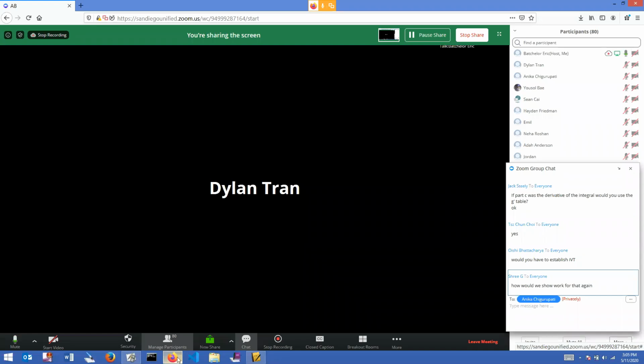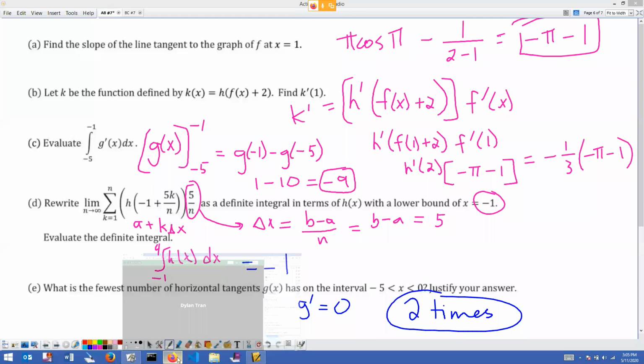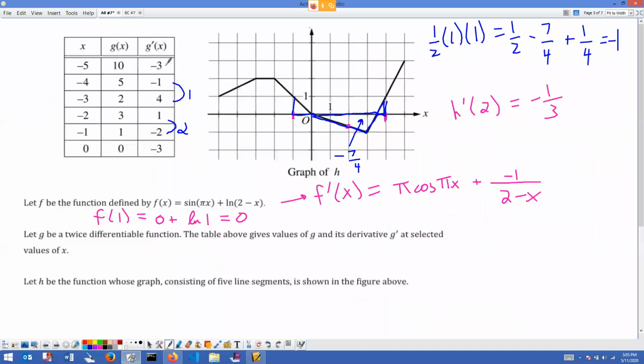No, I don't think you have to specifically state IVT on that one. You could, but I would just say the graph of g prime has to change signs a minimum of 2 times, once between -4 and -3, and once between -2 and -1.